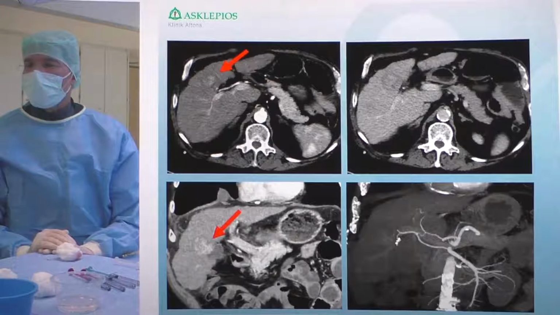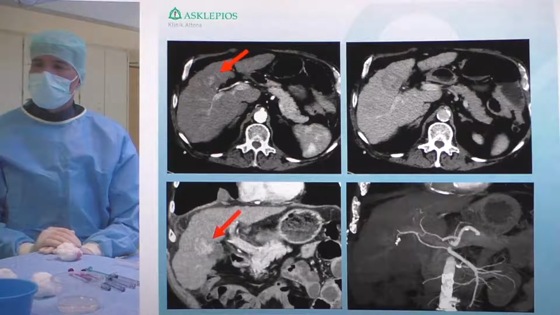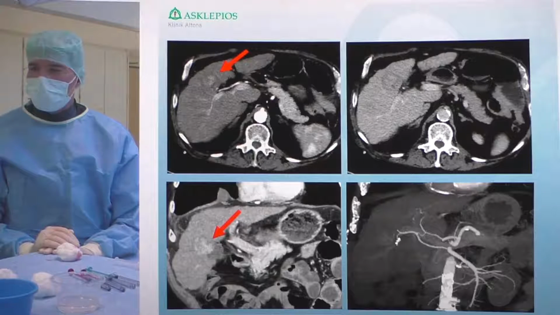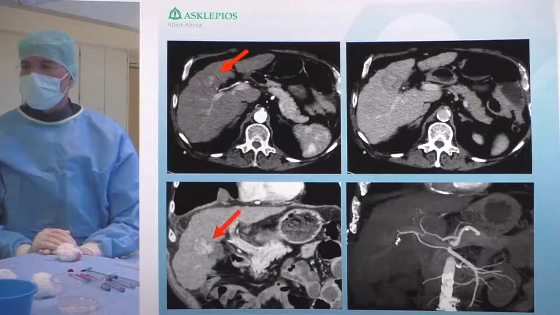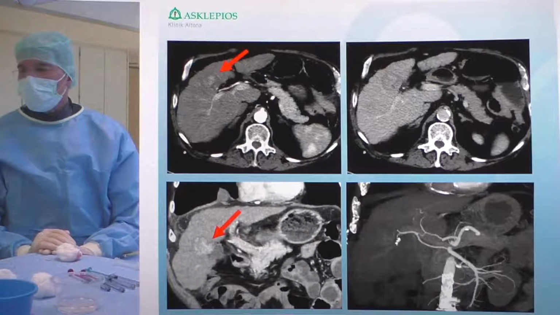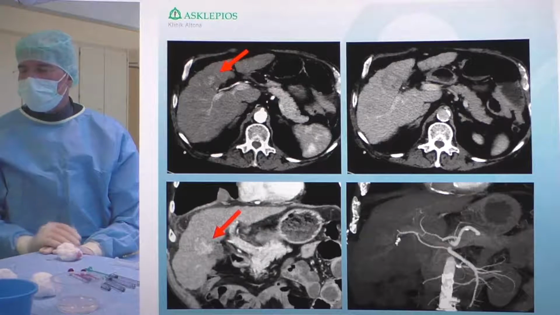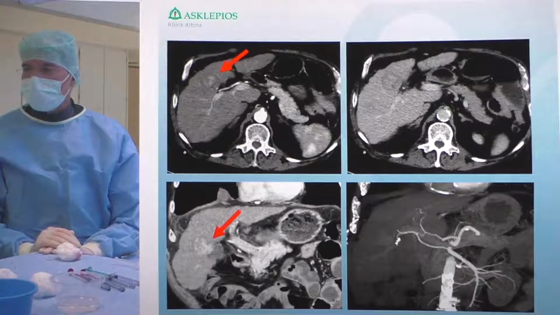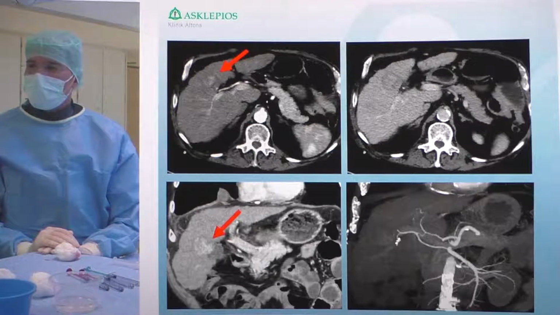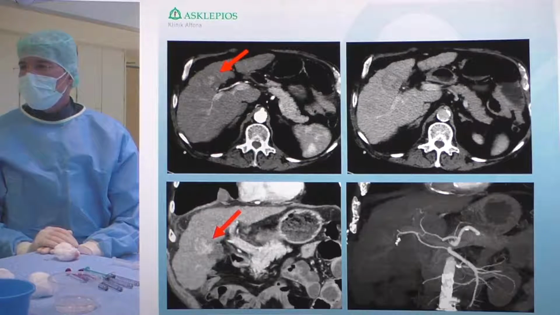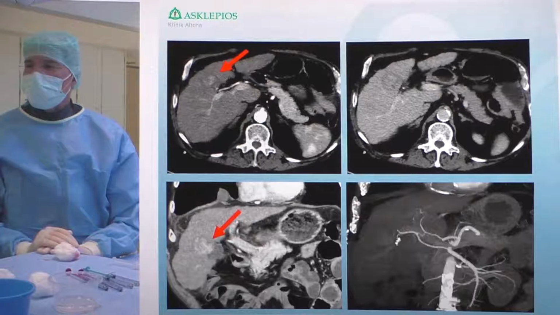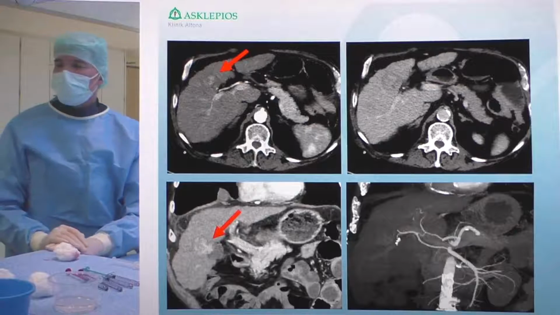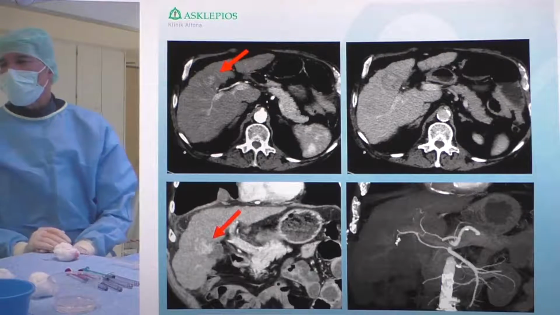In the lower image, you see the coronary view of the liver, and you see that we have a nodular surface because of the long-term cirrhosis, and in angiography we have a reconstruction of the vascularization, and you see that the right hepatic artery is pointing towards the liver, and those small white spots are stones in the gallbladder, and above we see the left hepatic artery.